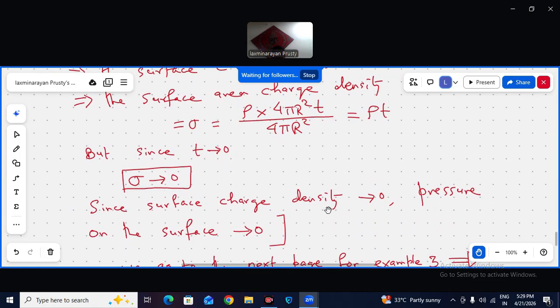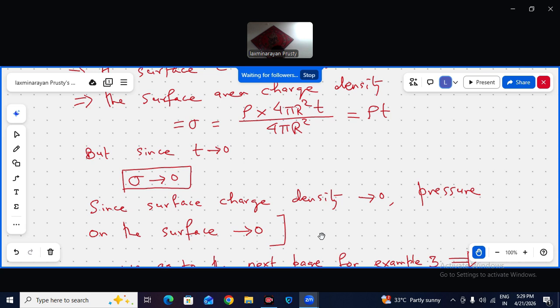So since the surface charge density tends to 0, the pressure on the surface tends to 0. As I told you earlier also, pressure will be the surface charge density and unit area on the surface.